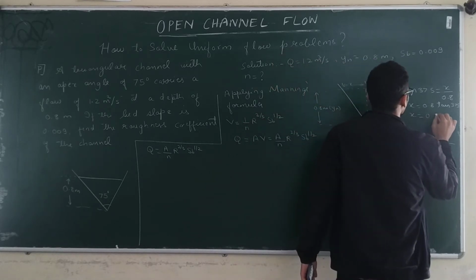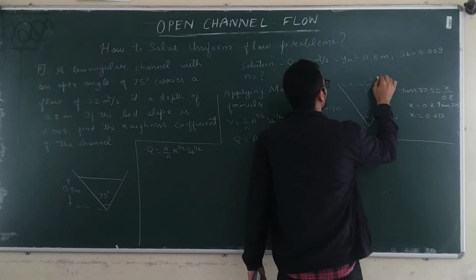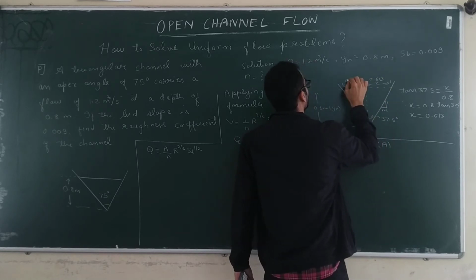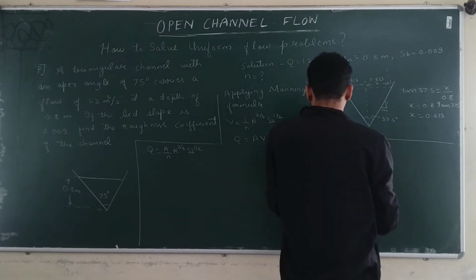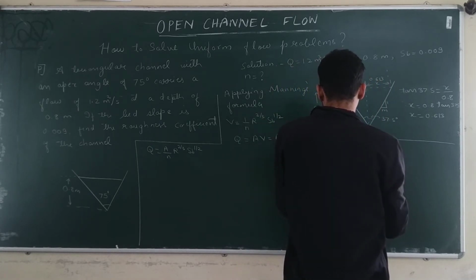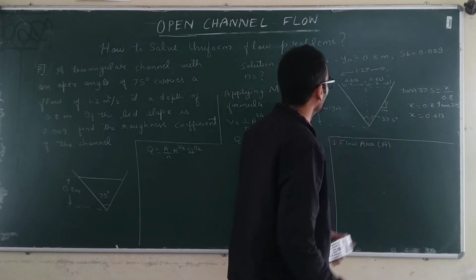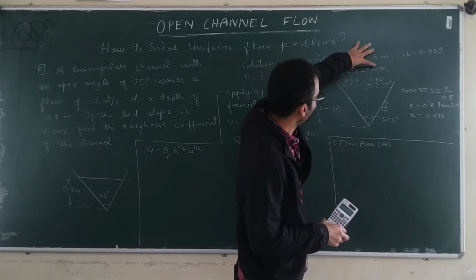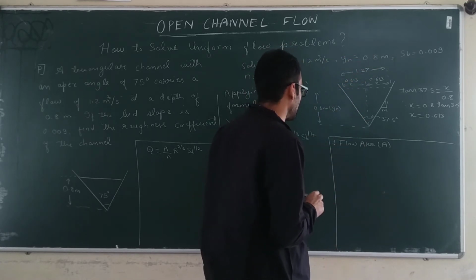So it will be 0.613. This is 0.613, this is 0.613, so total is 1.27. Now you know the base width is 1.27, height is 0.8, so just calculate the area of triangle.